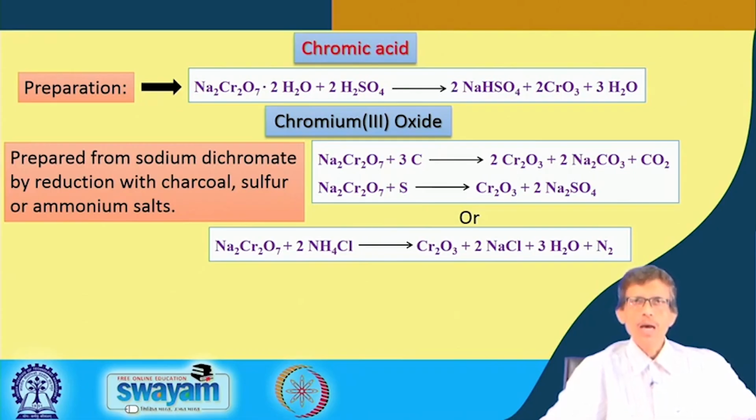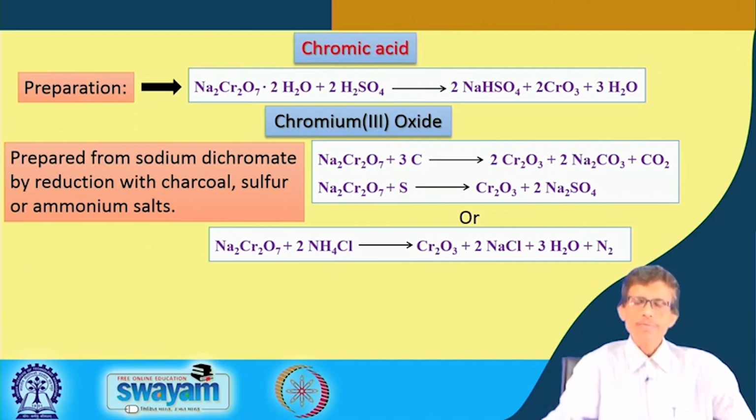So, that ammonia of ammonium chloride can also be utilized for making chromium 3 oxide, that means Cr2O3. When dichromate is burnt in the presence of ammonium chloride, we get this reaction, and the same reaction we know from our school days: if you burn ammonium dichromate, the same reaction can take place.